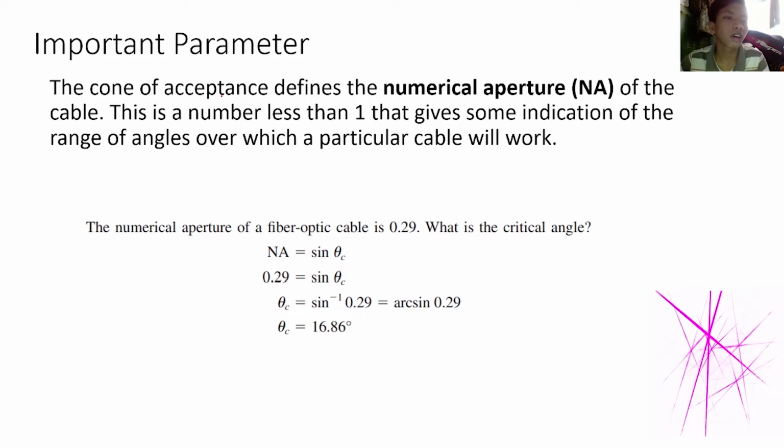Okay, so the cone of acceptance defines the numerical aperture of the cable. This is a number less than 1 that gives some indication of the range of angles over which a particular cable will work. So this is an example of numerical aperture in action. Okay, so given that 0.29, we are looking for this one.